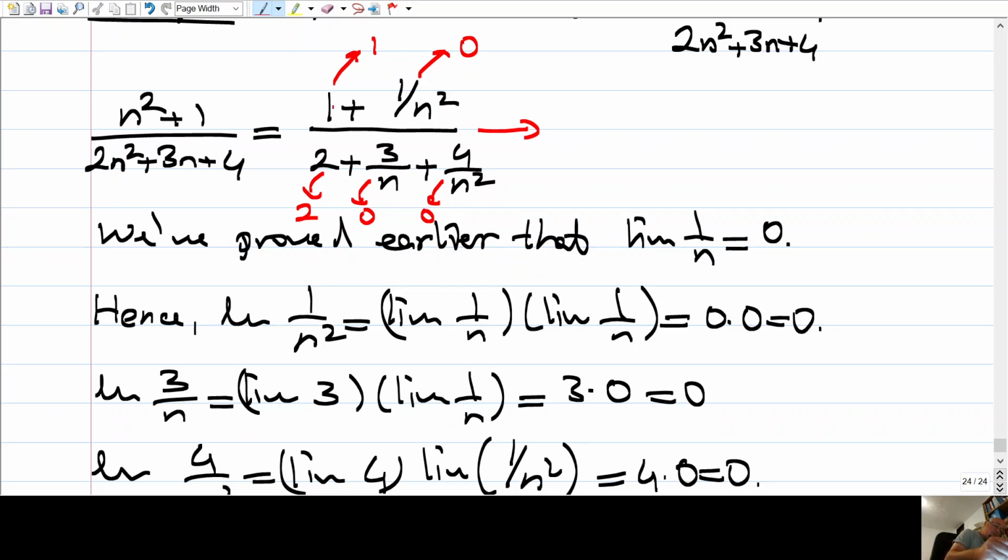I have two convergent sequences. Their sum will converge to 1 plus 0. And here this will converge to 2, 0, and 0. So the numerator will converge to 1, the denominator will converge to 2. And I have two convergent sequences, and the limit of the denominator is not 0. I can divide, and I get 1 over 2.